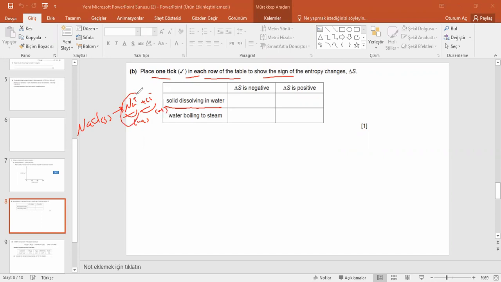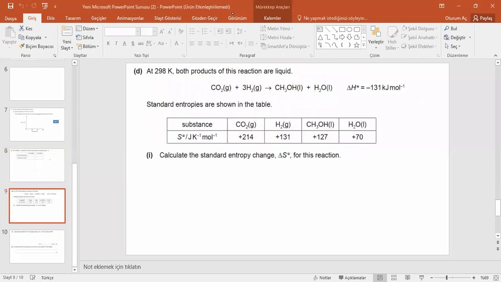So with these mobile ions, we get a more disordered situation, so entropy increases. Water boiled to steam, so H2O liquid to H2O gas, we have an increase in entropy as well. So let's move to the next question.